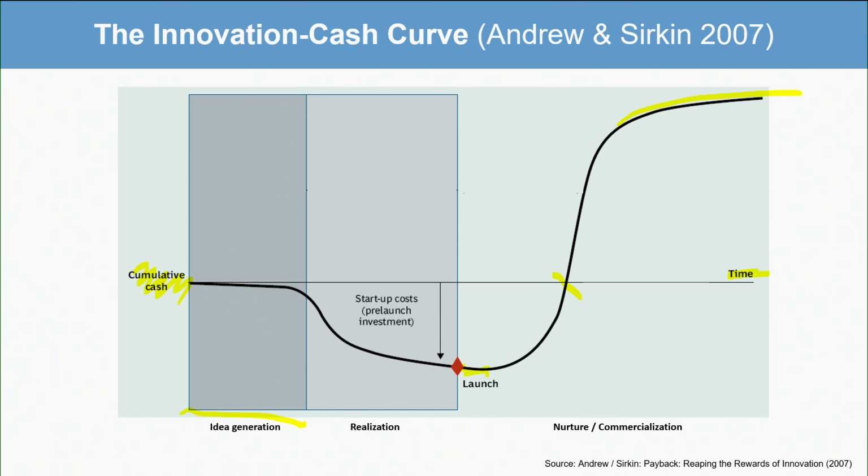So what we have here at the beginning are somehow the startup costs, really our investment pre-launch. We have here some also support cost post-launch investment for marketing, for manufacturing, and so on.